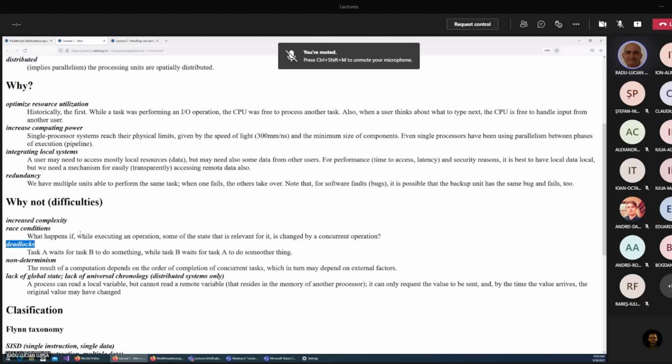Race conditions means you have some changes that happen on different threads, and each thread actually assumes that something is not changing between some operations it's doing, and actually there is a possibility to have those things changed.